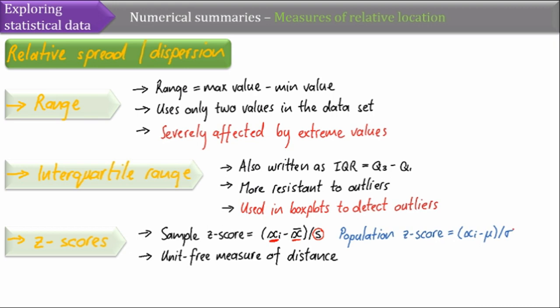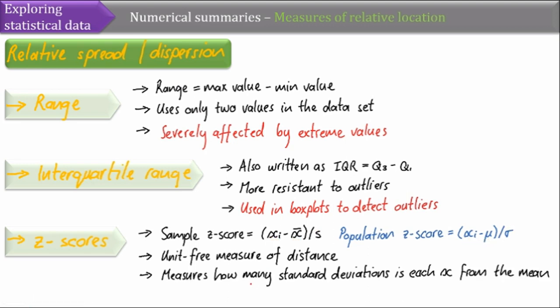Whether it's sample or population, we're dividing that distance by the standard deviation. So what we're actually calculating is how many standard deviations lie between the x value that we are using and the mean. In other words, how many standard deviations away is the value x from the mean of the population or the sample.